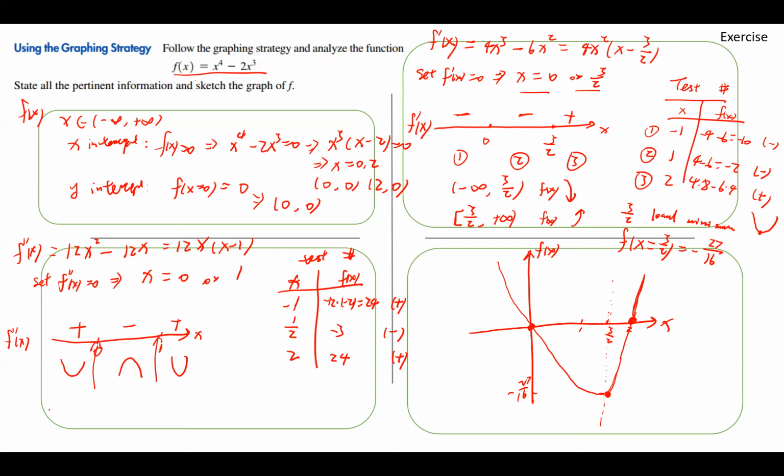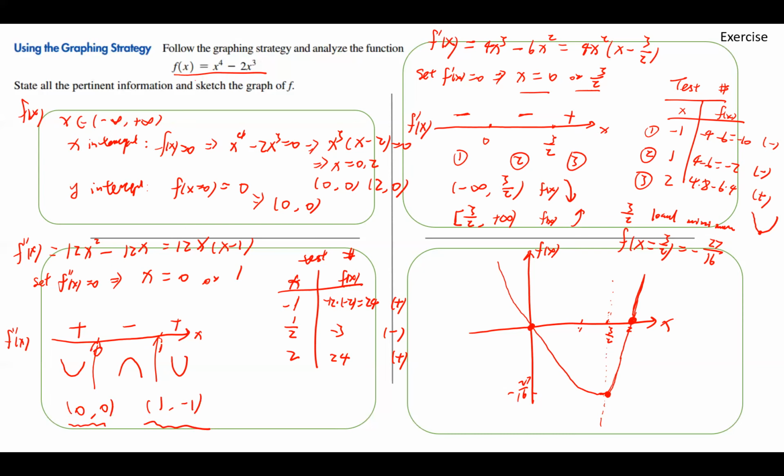Let me find the coordinates of these points. For x = 0, plugging in gives me y = 0. And the second point, x = 1, gives y = −1. So these are the 2 points where the second derivative is 0, and these are the inflection points, meaning there will be a change of concavity, right? So 0, 0 and 1, −1.